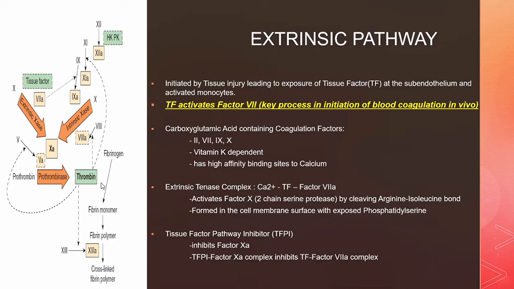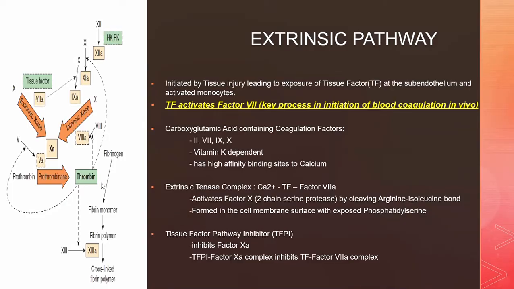Once they bind to the platelet, the extrinsic kinase complex will cleave between your arginine and isoleucine into an activated form, factor 10. Then your factor 10 will bind to your factor 5, then will activate your thrombin, then your fibrinogen. But to inhibit factor 10, we have the tissue factor pathway inhibitor, or TFPI.